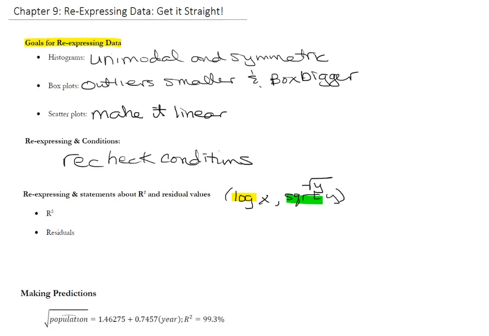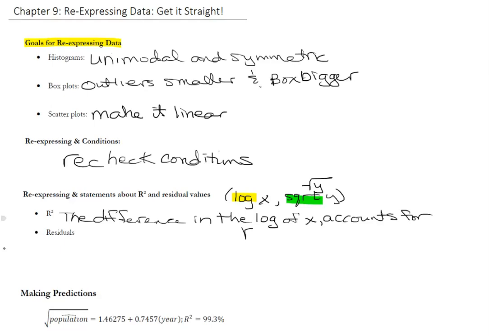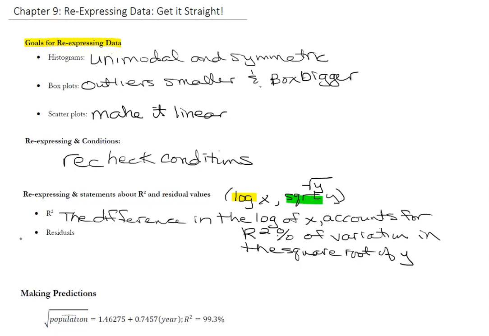Okay, so let me write this so you can see what I'm talking about. The difference, and it's usually the difference in x, but now it's the difference in the log of x, and whatever x is as context, accounts for r squared percent of variation, and not in y, but variation in the square root of y.